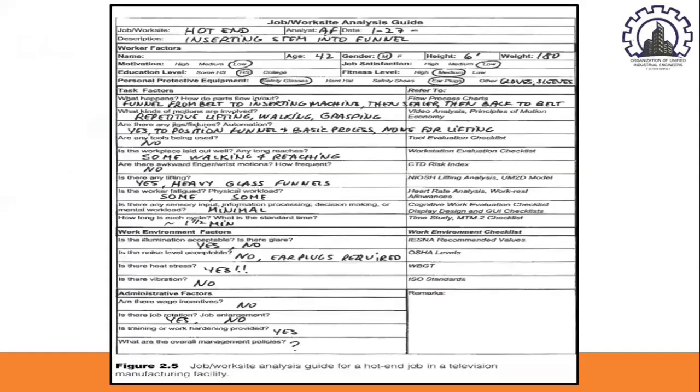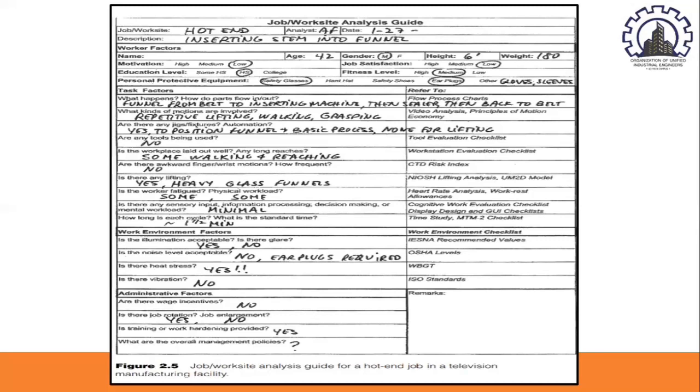Now, this is an example of a job or worksite analysis guide. As you can see in figure 2.5, it shows the application of the job or worksite analysis guide to a hot-end operation in a television manufacturing facility. Key concerns include the lifting of heavy loads, heat stress, and noise exposure.